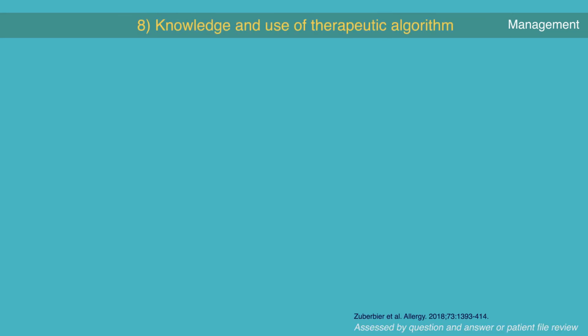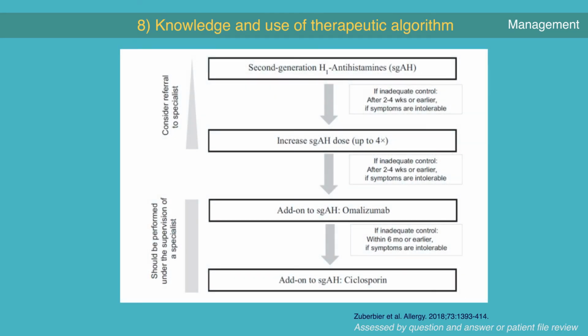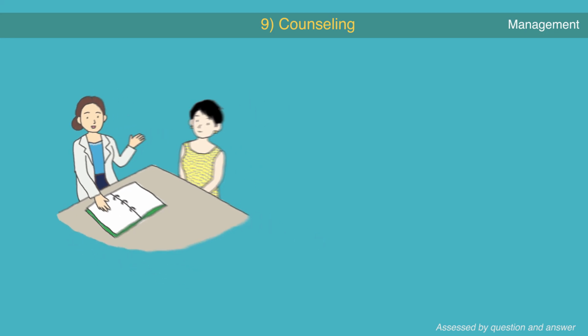Number 8. Knowledge and use of therapeutic algorithm. Centre physicians need to know and use therapeutic guideline algorithms. The International Urticaria Guideline Recommended Treatment Algorithm should be implemented at UCARES. Number 9. Counselling.